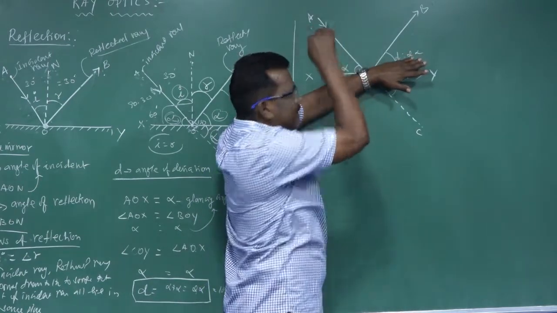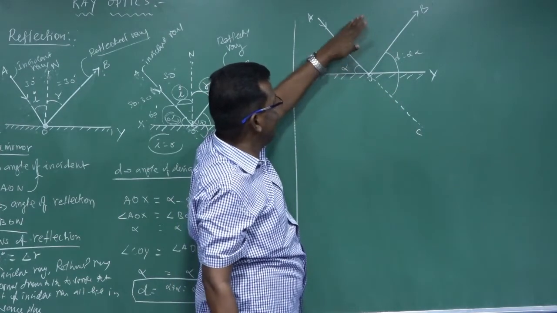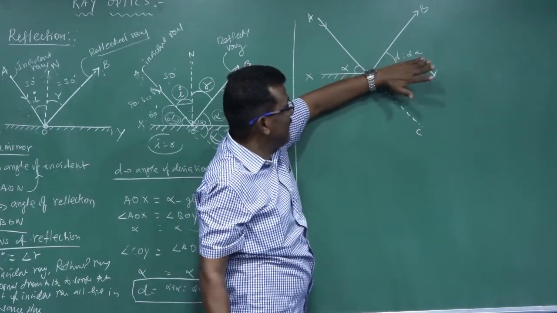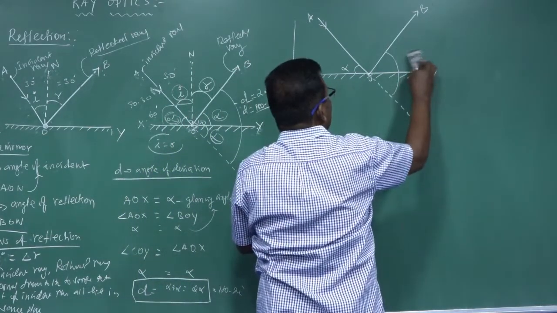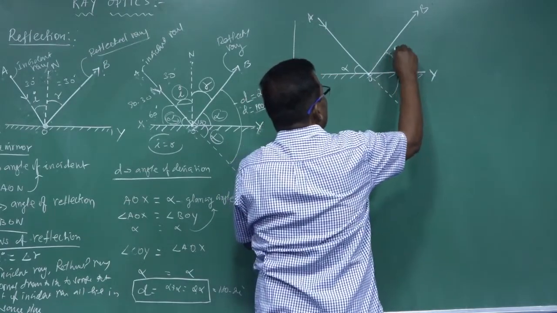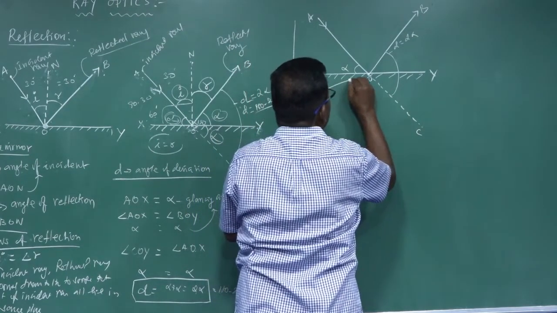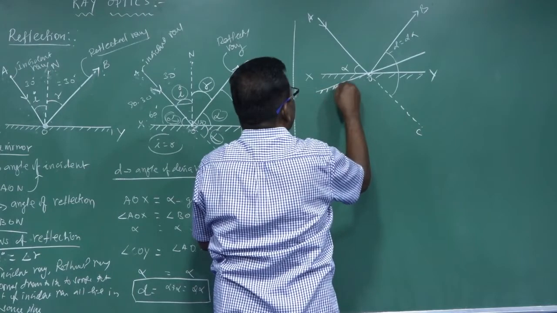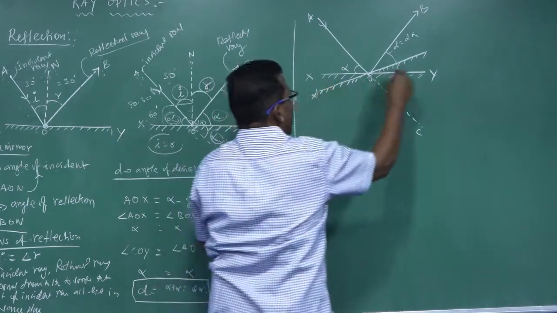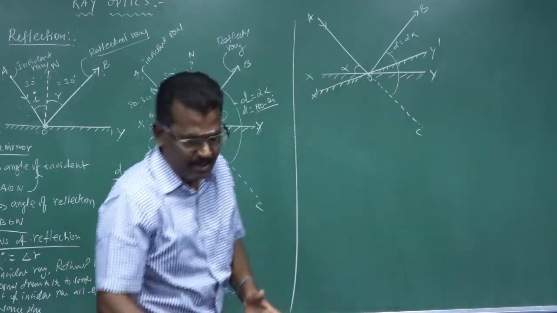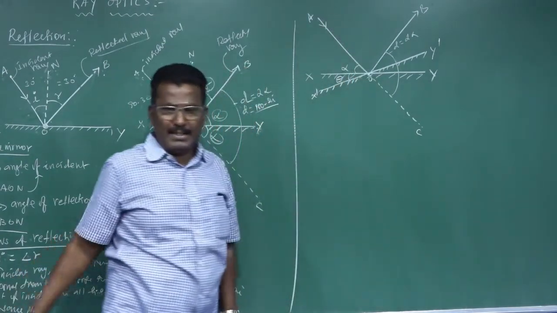The same light is incident at the same point O, even when the plane mirror rotates through a certain angle. So D is equal to 2 alpha. Now the plane mirror has been rotated through a certain angle. This is X prime, this is Y prime, making an angle theta.